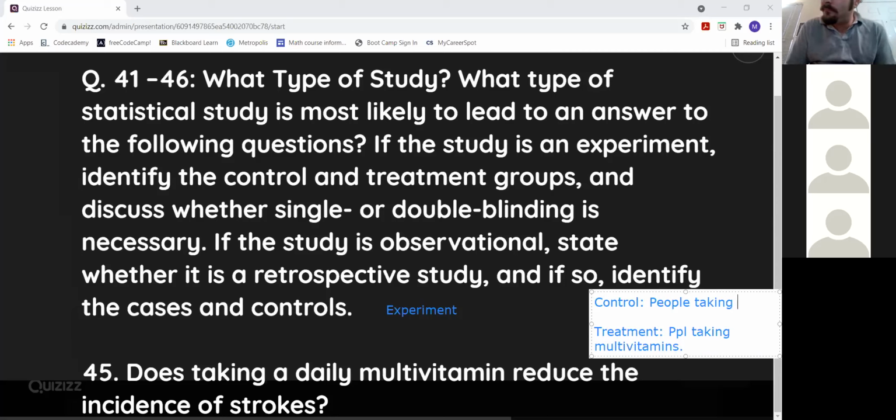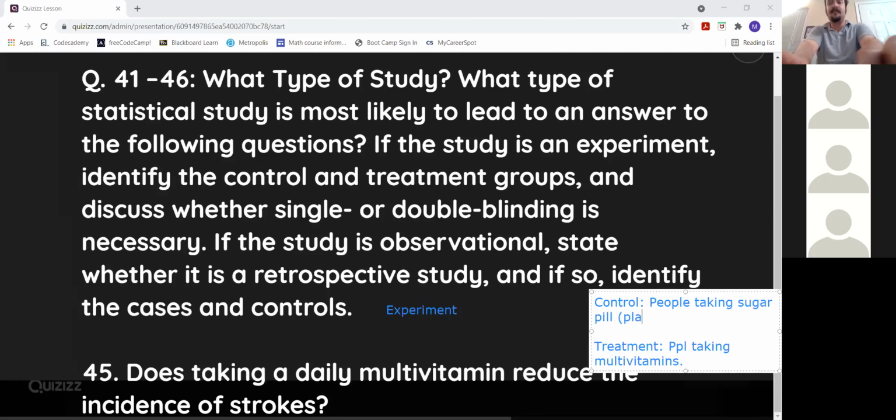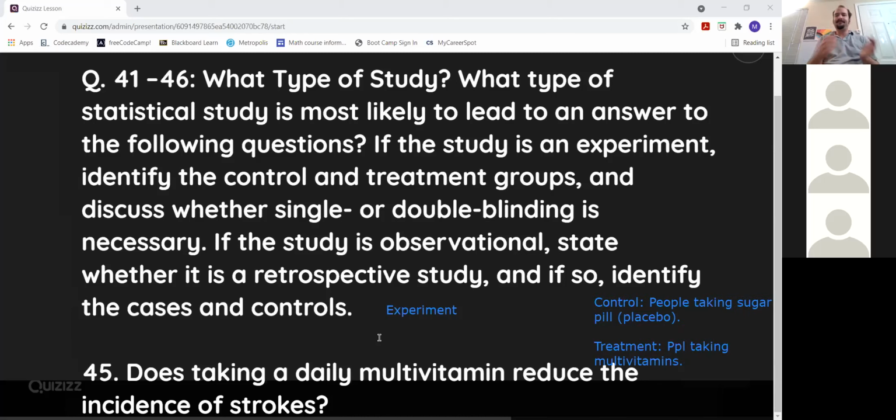So something that has inert ingredients, like a sugar pill, or a placebo, right? You're going to give them some sort of placebo. Something that looks like the real deal, but is not. So it looks like a multivitamin, but it's not.